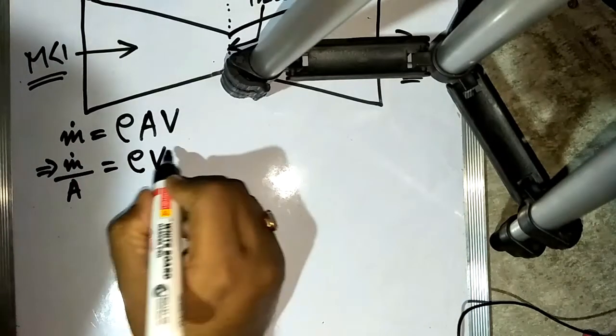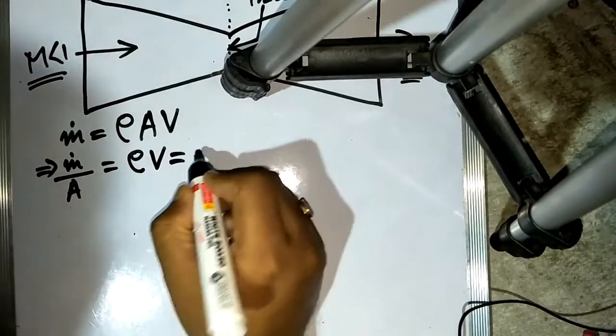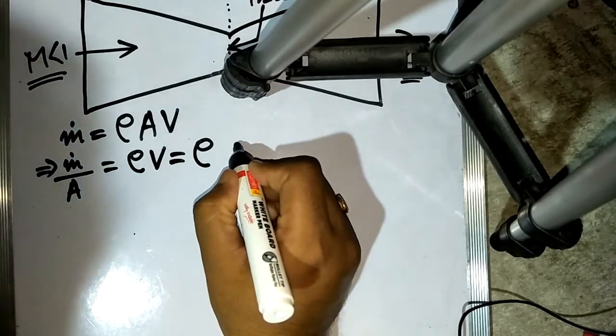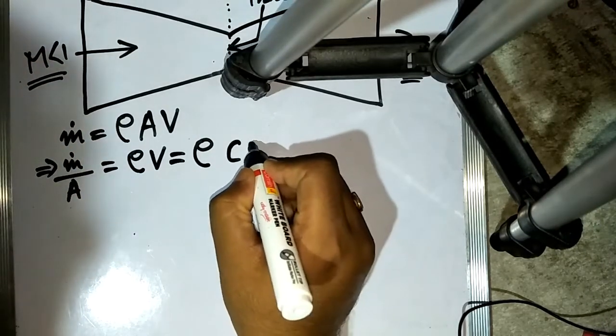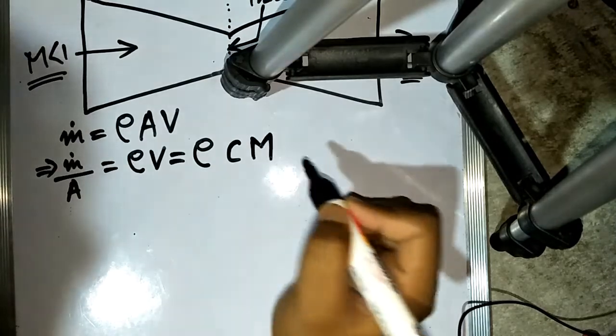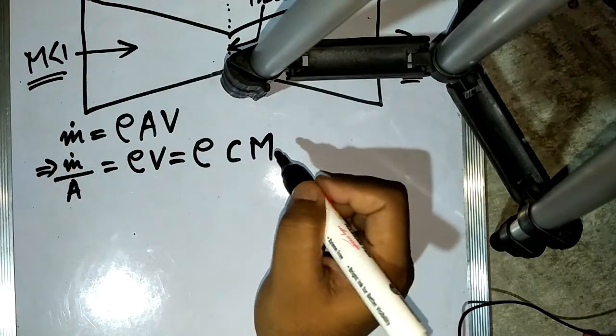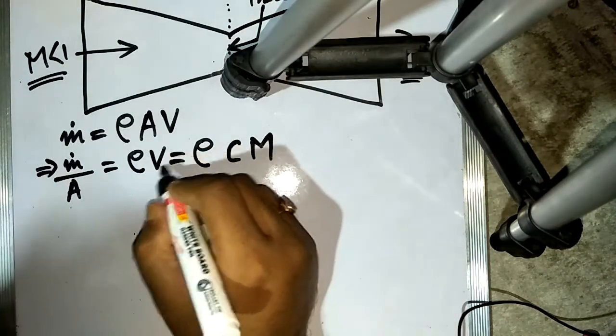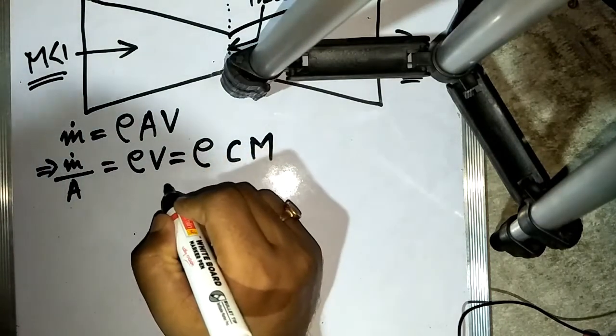From another relation, we know that the Mach number equals the velocity of the object by the sound velocity.